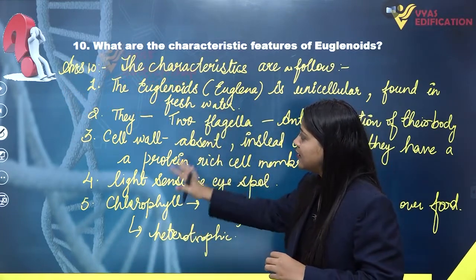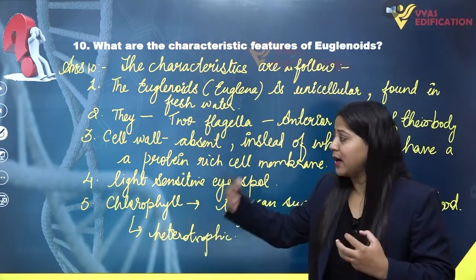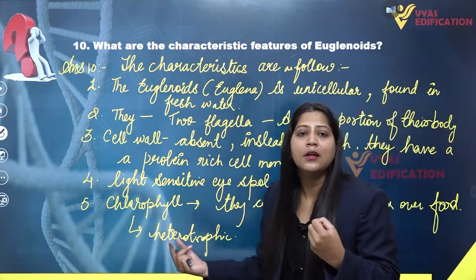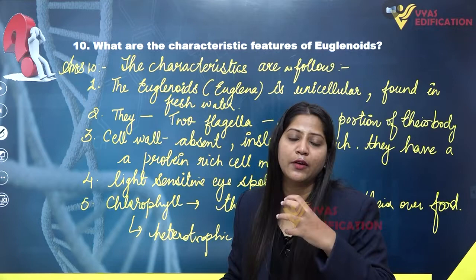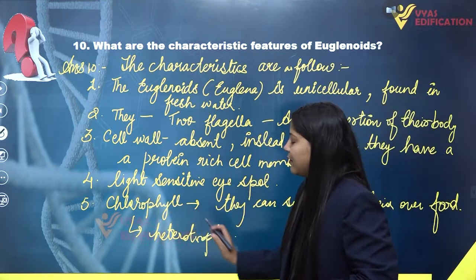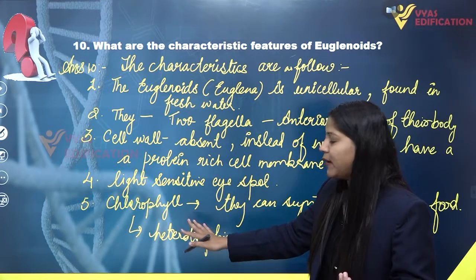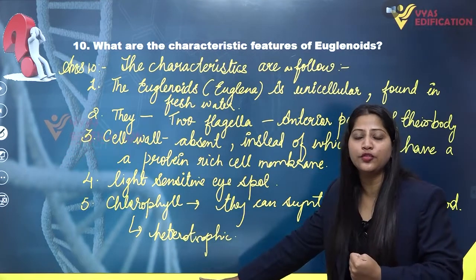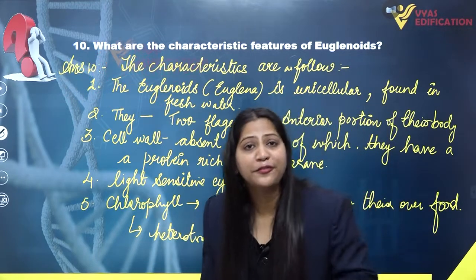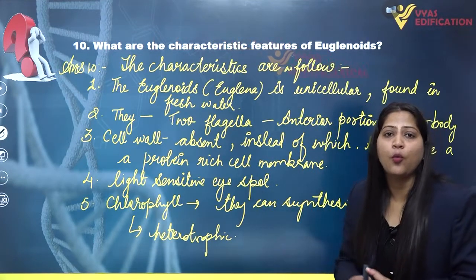So we cannot clearly classify euglenoids as plants or animals, because they have features similar to both. With chlorophyll they synthesize their own food, and in the absence of light they switch to heterotrophic nutrition, feeding upon other aquatic organisms present in the fresh water.